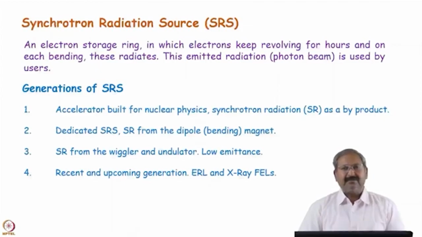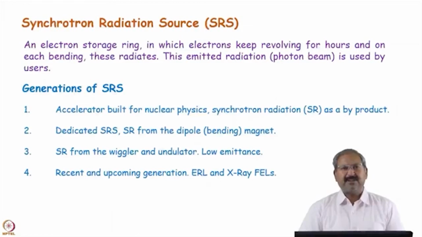Now in the beginning of the accelerators era, when accelerators were built and electrons were to be accelerated, after some energy, the electrons lose a significant amount of energy in the form of electromagnetic waves. Means we want to push the electrons and we give the electrons the energy, and this energy is lost in the form of electromagnetic waves by the electrons.